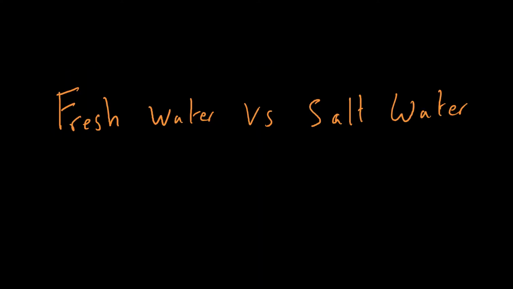Okay, so then we have the distinction between fresh water and salt water. On Earth you have two main types of natural water, those being fresh or salt, or seawater. Fresh water is water found in things like rivers, glaciers, lakes, or underground.